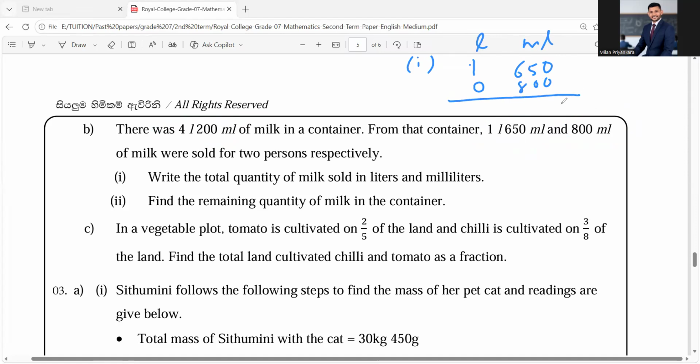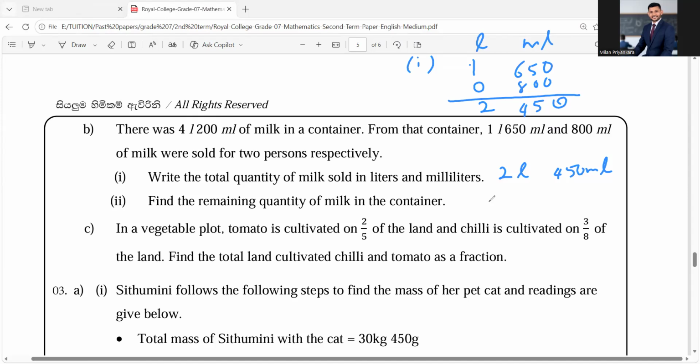It's very easy. 0 plus 0 is 0, 5 plus 0 is 5, 8 plus 6 is 14, and 1 carries over, 1 plus 1 is 2. Then, right, 2 liters, 450 milliliters.